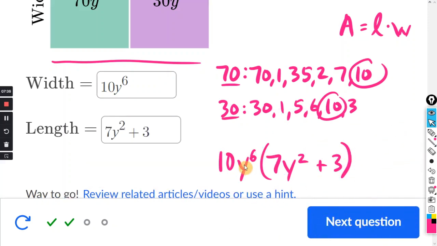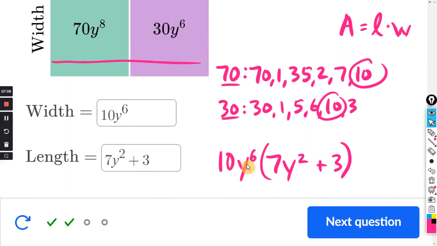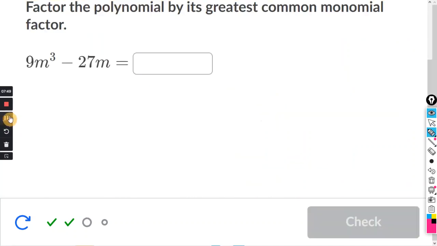All right, so when you factor out the greatest common monomial factor, you take each of these terms and divide each one by this number here that you factored out. All right, factor by the greatest common monomial factor. Okay, so we want to find the greatest common factor of 9 and 27. Some of you can do this part in your head.